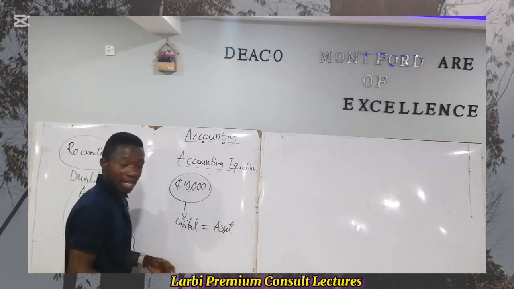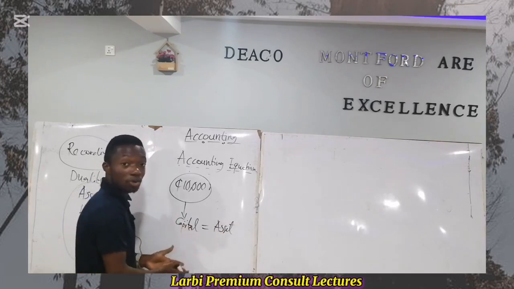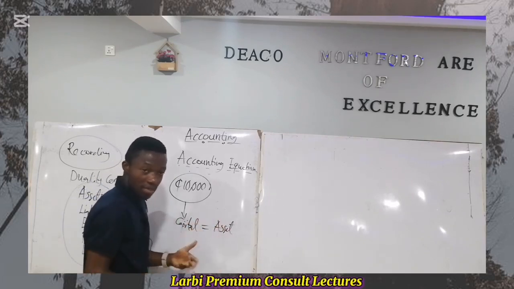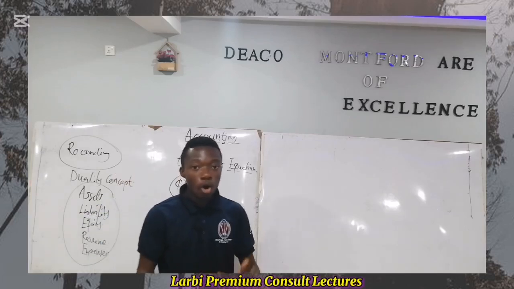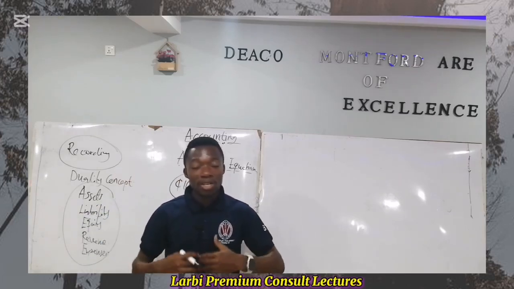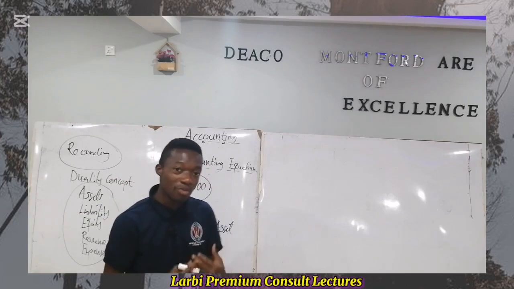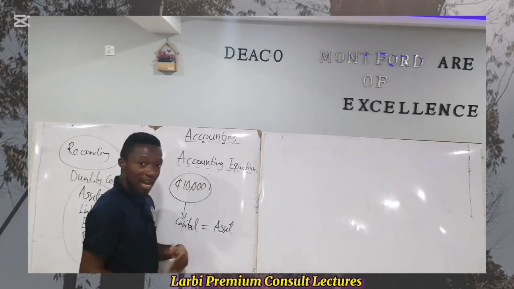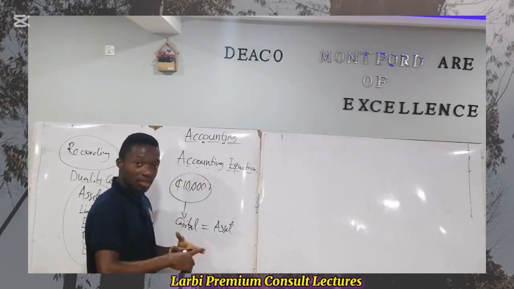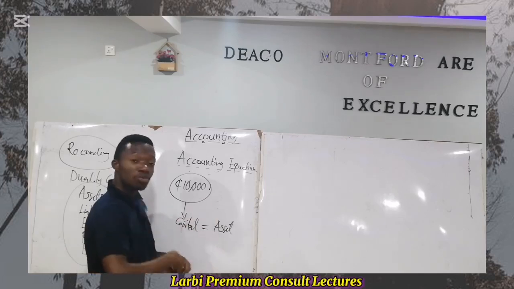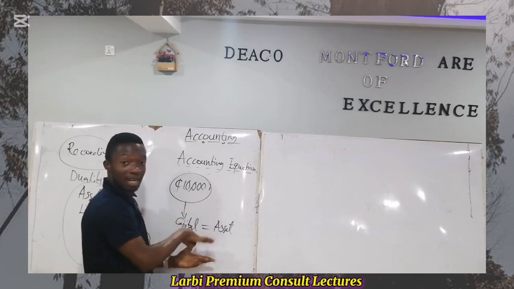So at this point, we can say that our capital is equal to an asset. This means that here, the owner or the investor is the sole person responsible for providing the capital of the business. And as we said in the business entity concept, since this vehicle is going to be run by the management of the said transport business, we refer to that capital as an asset.